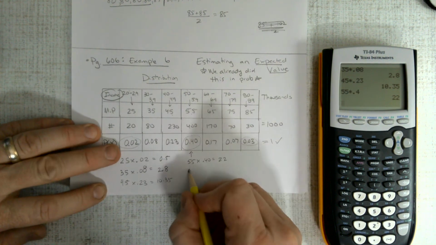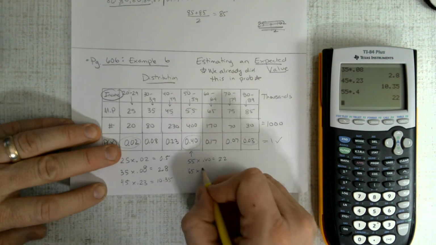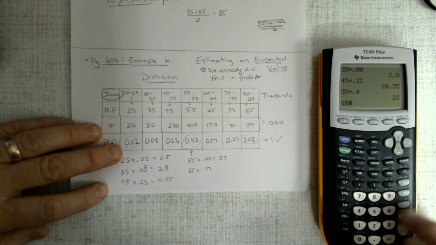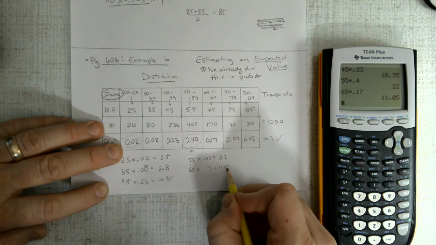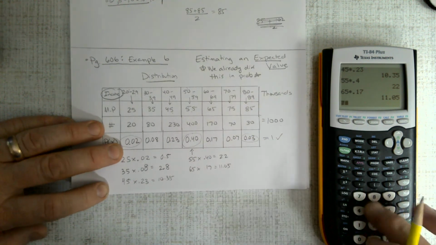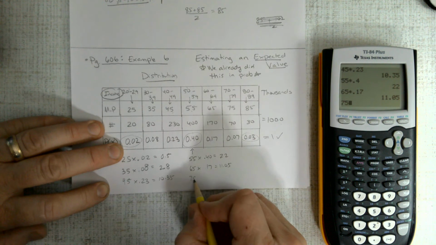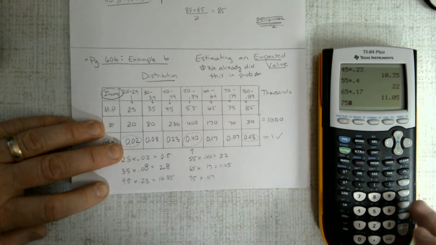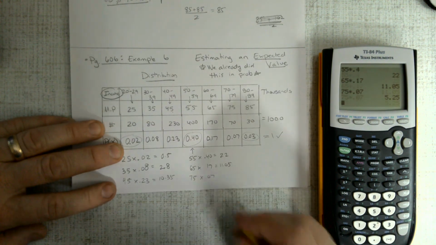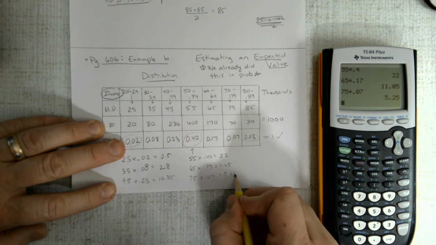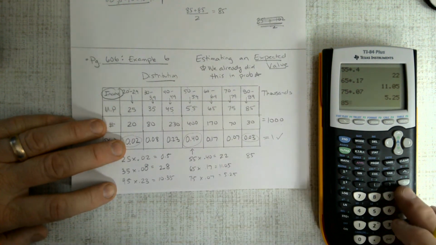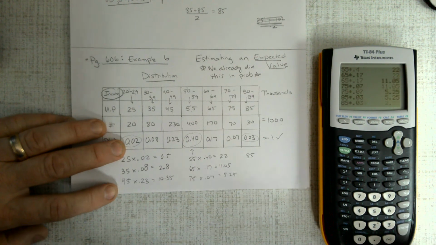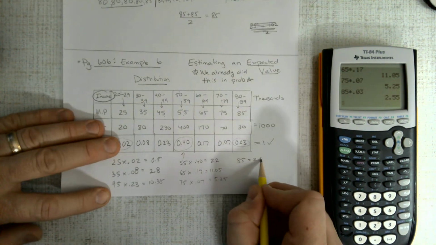What's my chance of getting 65? Well, 65, I have a 17% chance, and that's 11.05. And the chance of getting 75, that's 75 times 0.07, and that's 5.25. And my chance of getting 85 times 0.03, and that's 2.55.